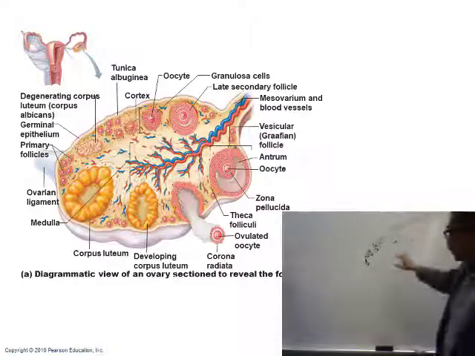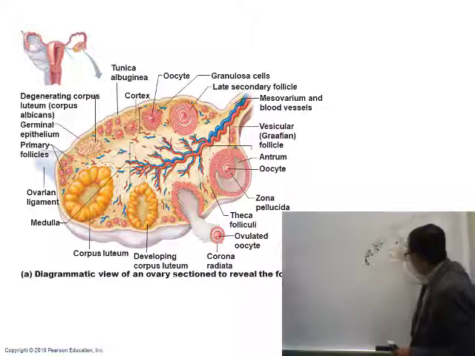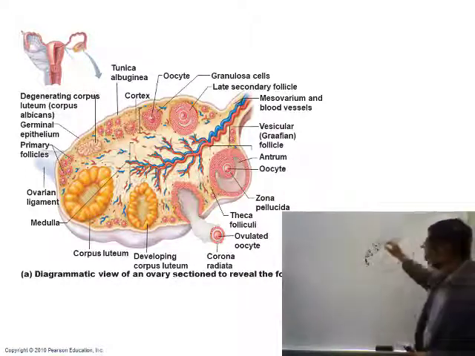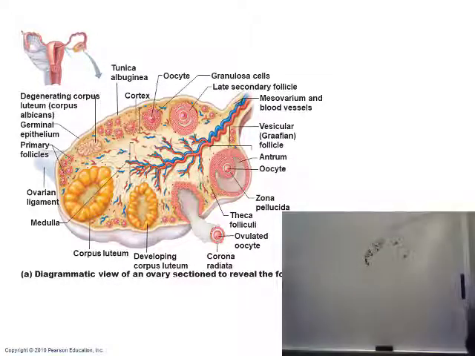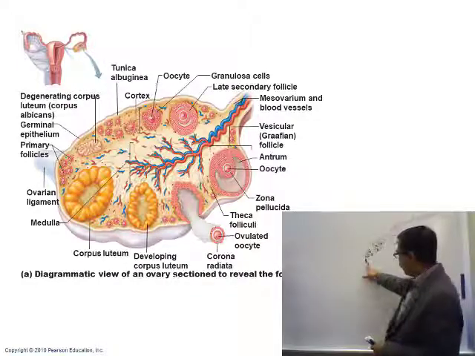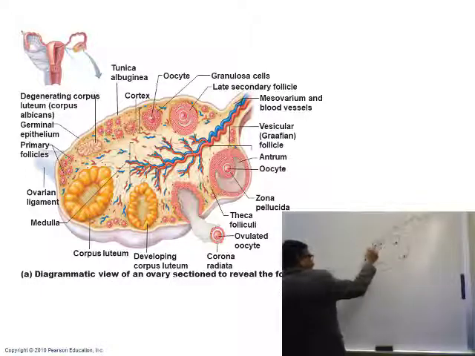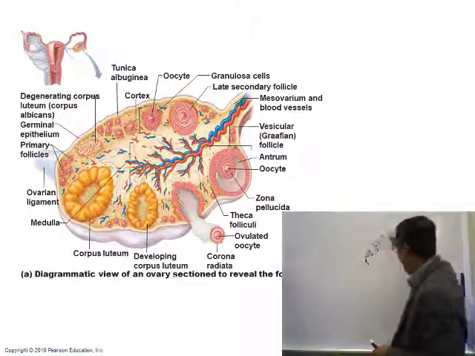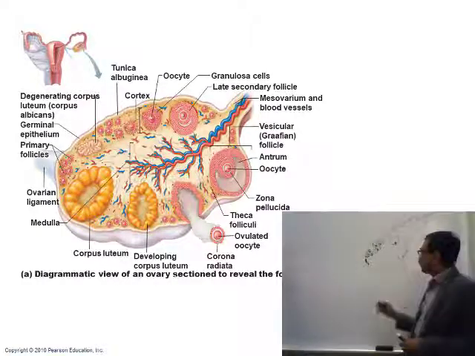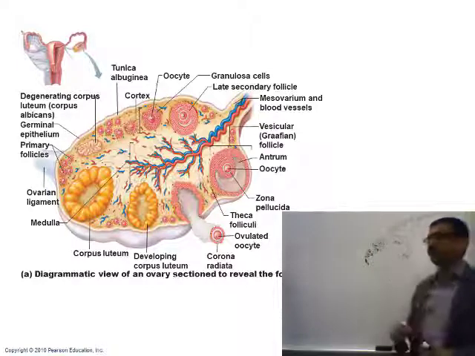Now, these follicles are gradually getting bigger, that means growing and getting matured. So these are the earliest follicles, and then they grow, gradually get bigger and bigger. So we'll see those stages of maturation of follicles.